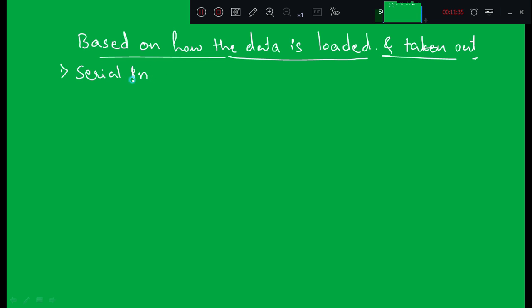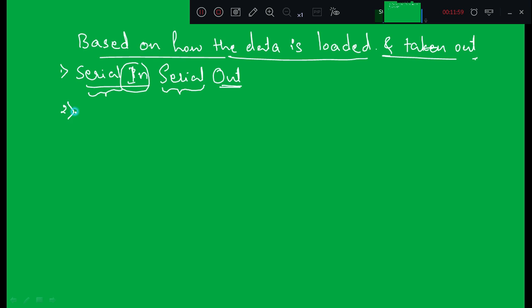Serial in, serial out. That in means the data is getting loaded into the register, and out means that data is taken out from the register. So here the data is loaded serially in the register and it is taken out serially from the register.